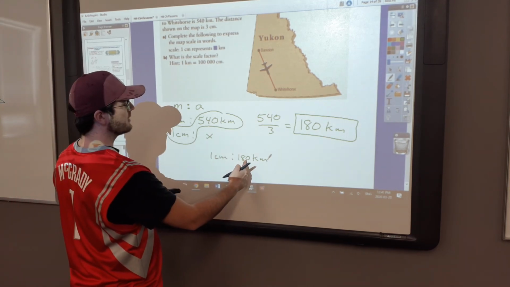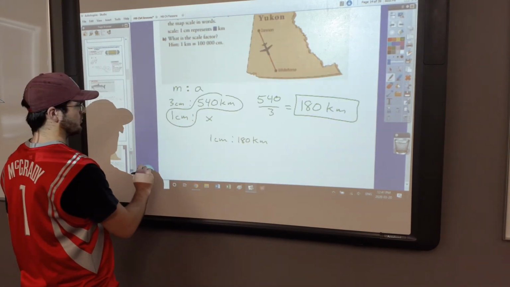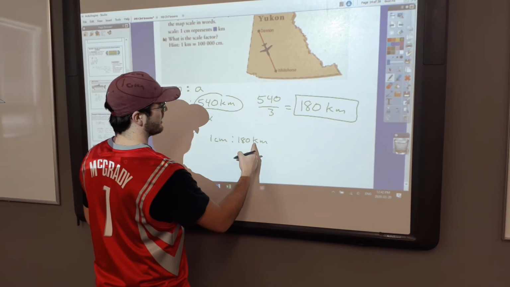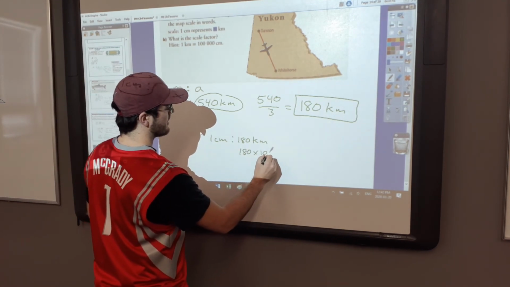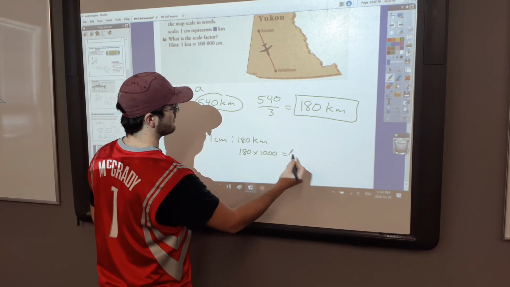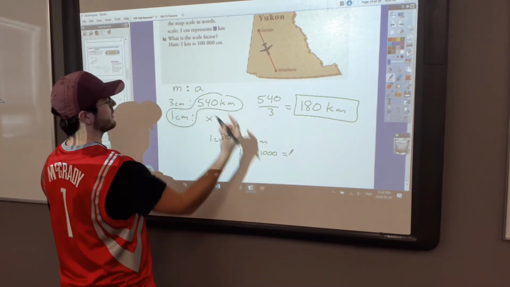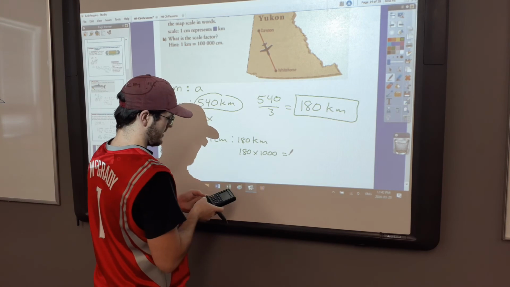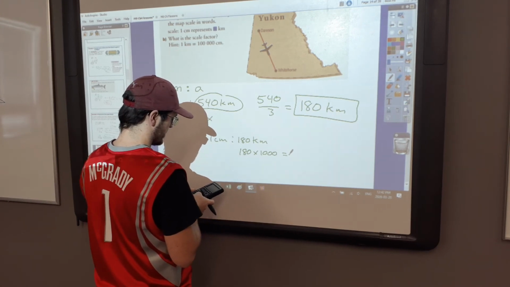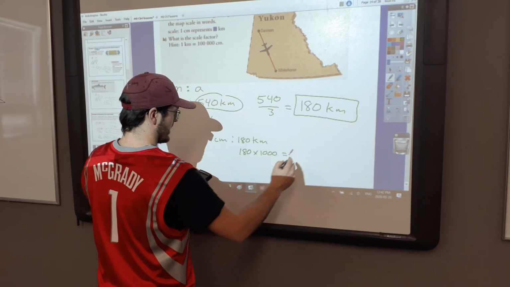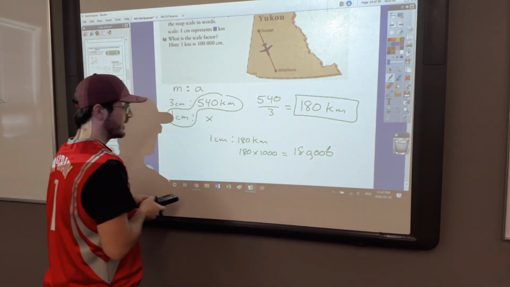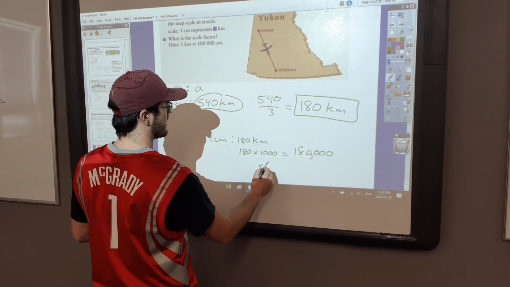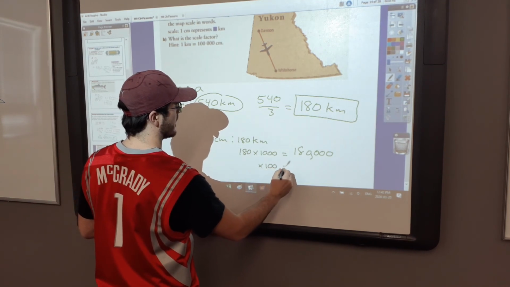So for 180 kilometers, you could also just work your way through it. If you know that a kilometer is 1,000 meters, you could take 180 times 1,000. Okay, that'll give you the answer in meters. And then there's 100 centimeters in a meter. Shouldn't really need a calculator for that, and then times that new answer by 100 centimeters.